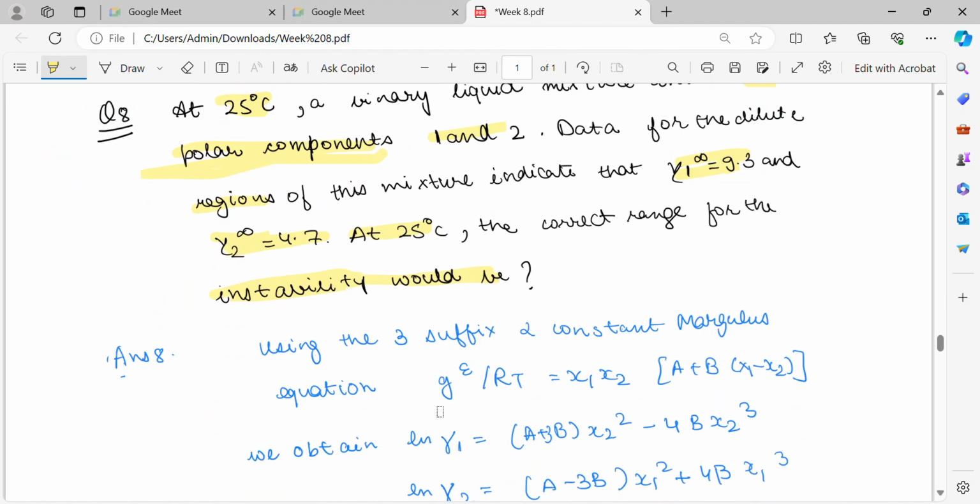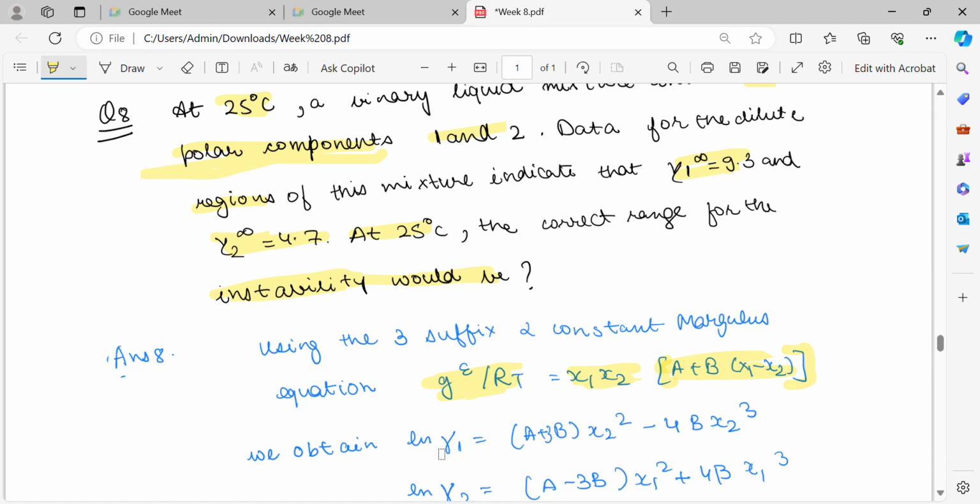So we're using the three-suffix Margules equation. So this is the Margules equation: G^E by RT equals x1 x2 times a plus b times x1 minus x2.